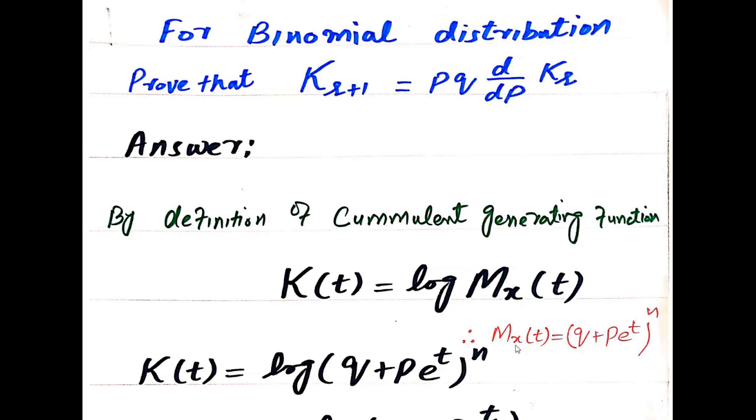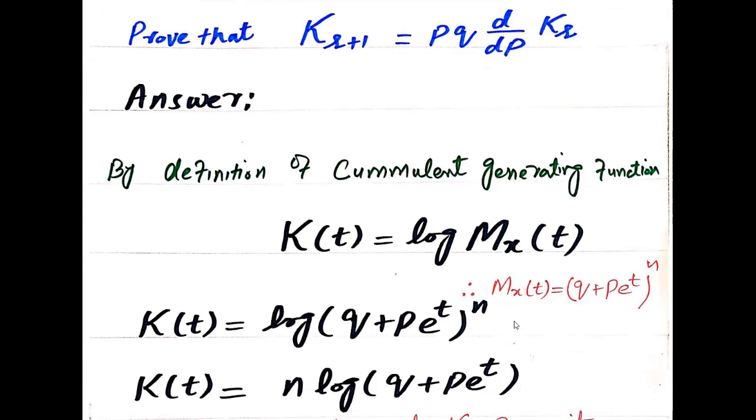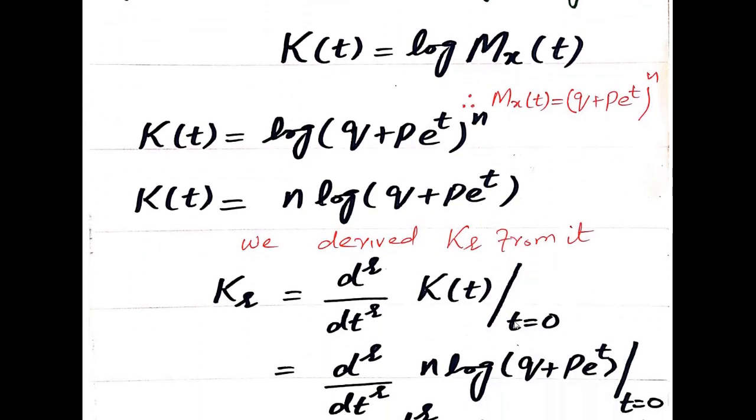As you know, the moment generating function for the binomial distribution is equal to (q + pe^t)^n. So put the value of the moment generating function in this equation.